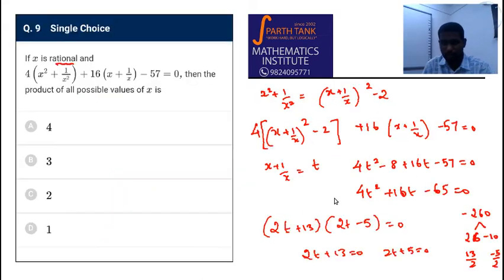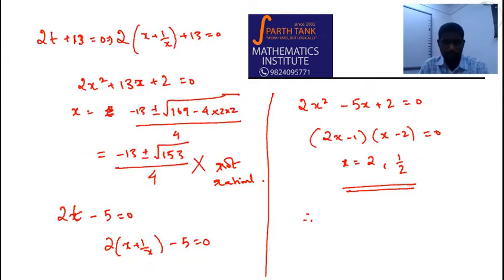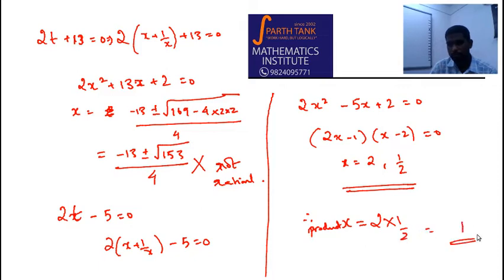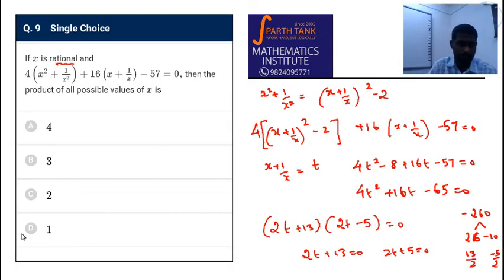Therefore, the question is the product of all possible values of x. Of course, there are 4 values of x. So there are 4 different roots, but 2 are irrational, 2 are rational. So the possible values of x are 2 and 1 by 2, product, which is 1. So the answer is option D, 1.